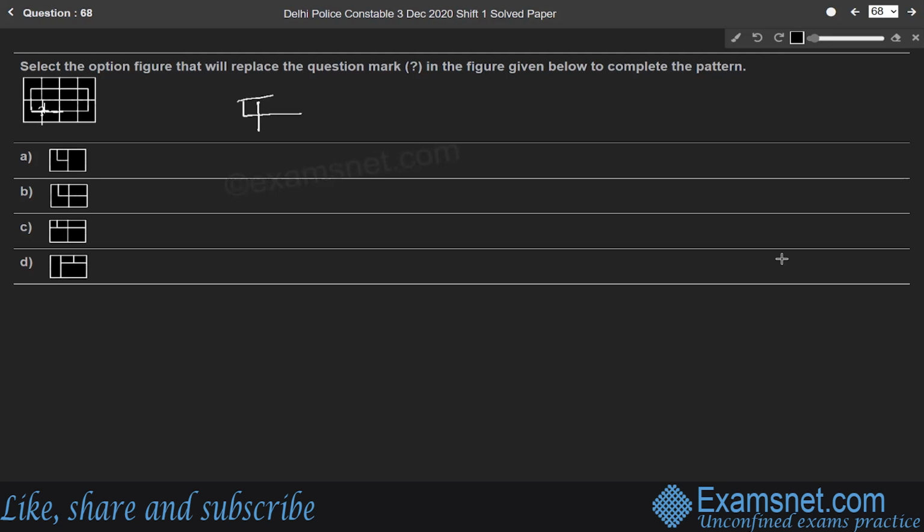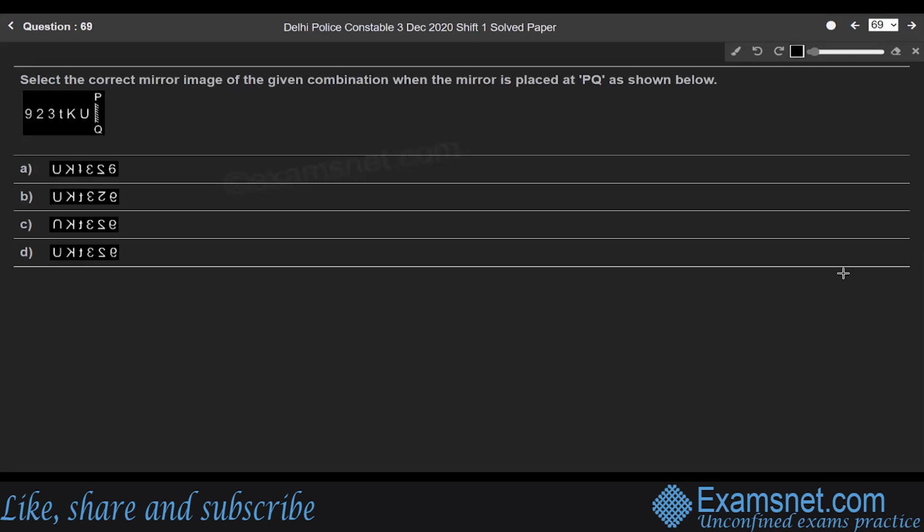Which is in a rectangular portion, right? Like this. A rectangle where this part of the figure and this. So look at options. Option B. So option B completes the given pattern, right? Hence option B.